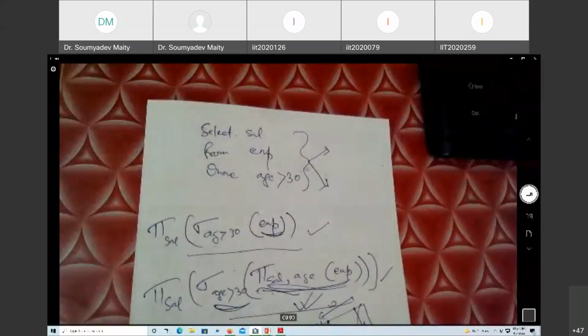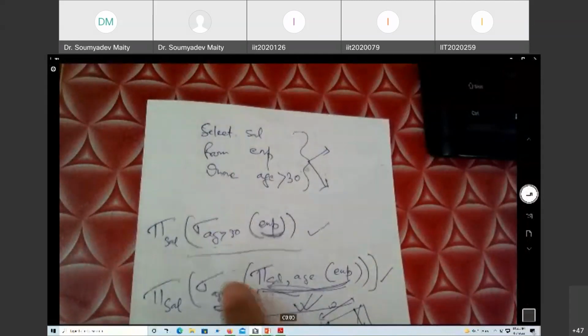Then aggregate function is an operation, union, intersection, Cartesian product, all these are operations. Some operations are unary, some are binary, taking one relation or two relations. For these basic operations, how do you implement that operation? For that also you need some algorithm.